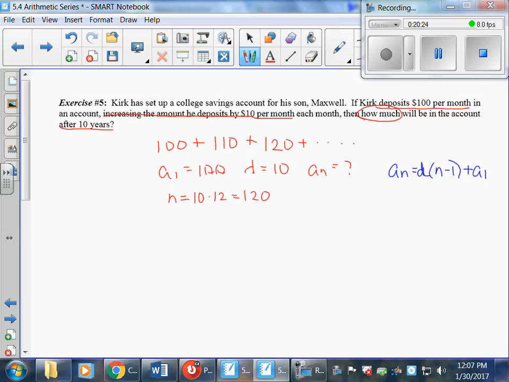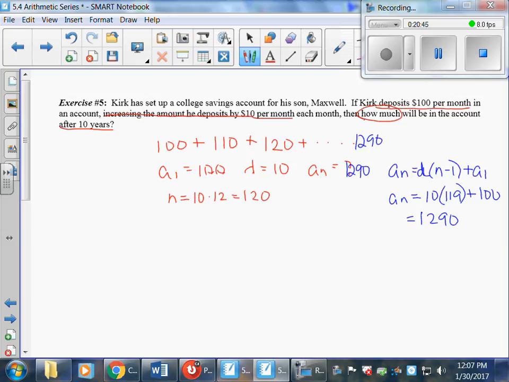So d is 10, n minus 1 is 119, plus a1, which is 100. Put this whole thing into our calculator, and we get 1290.